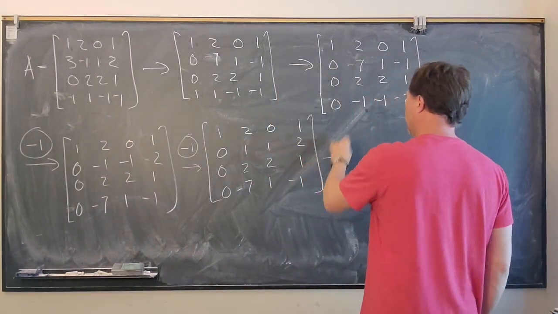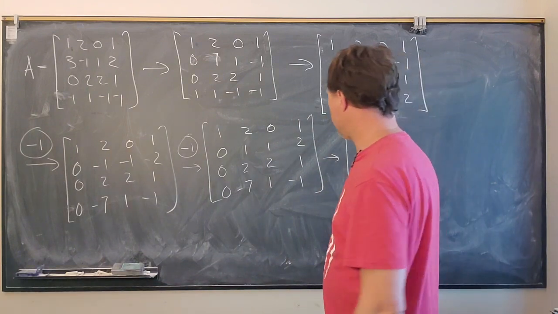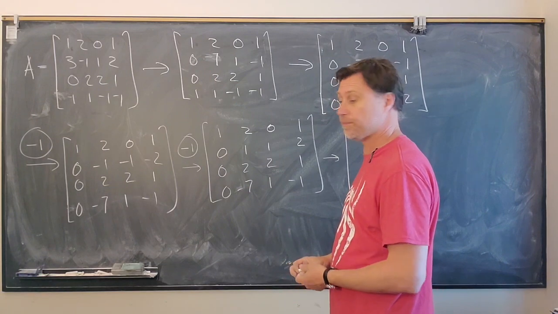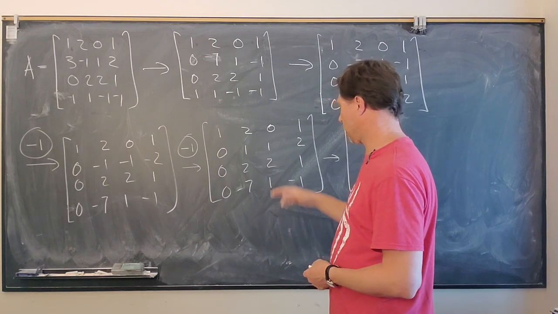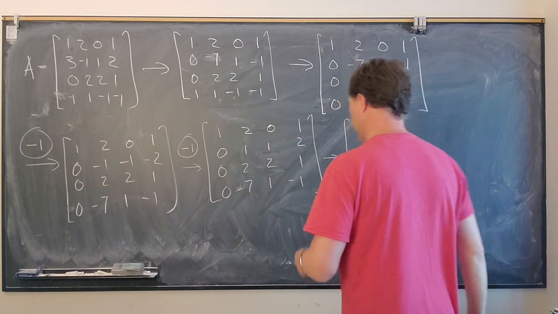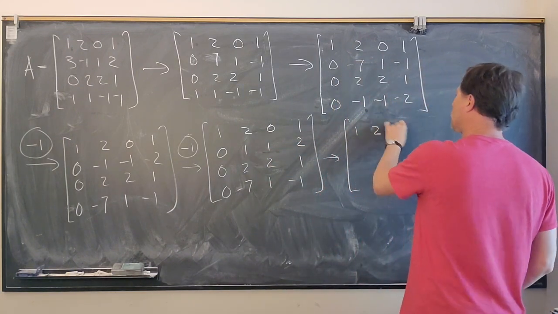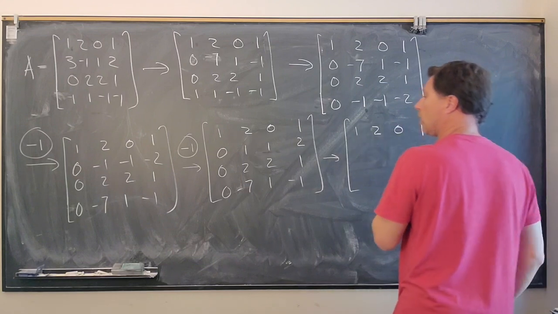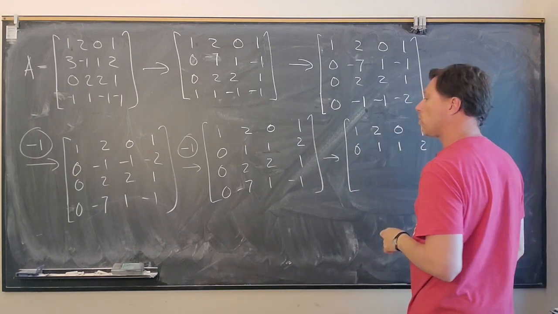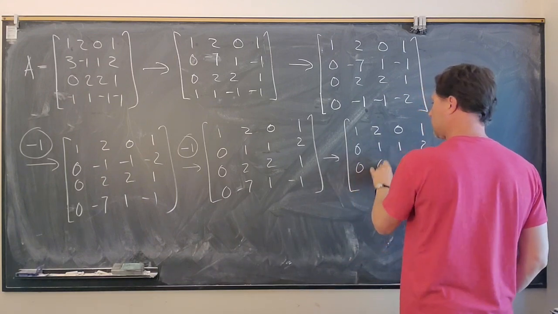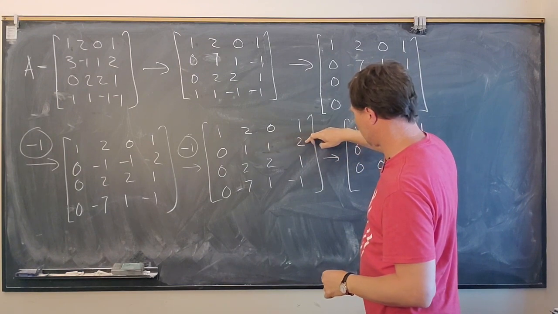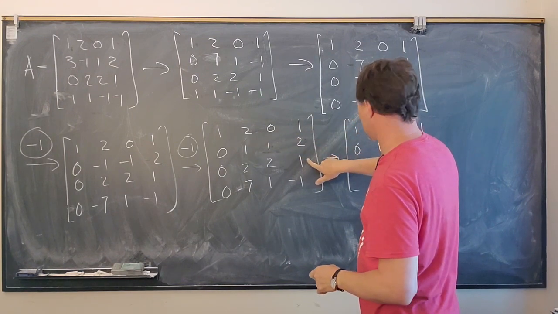All right, so now, let's see, I need to turn the entries below here into zeros. So I'm going to do negative 2 times row 2 plus row 3. 1, 2, 0, 1. 0, 1, 1, 2. 0, 0, 0, because that'd be negative 2 times this one is a negative 4 plus this one.